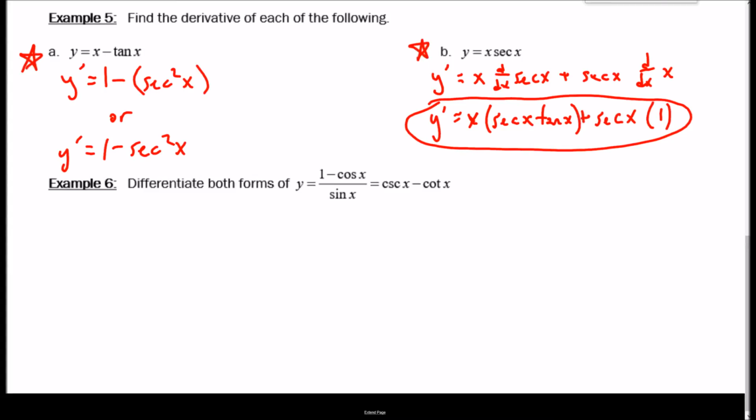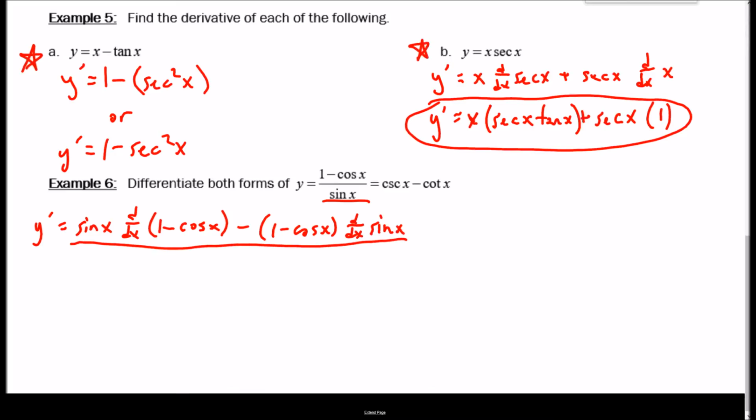All right, let's look at this left side. If I want y prime, I've got to use the quotient rule. So I do low times the derivative of the high, minus high d low, so minus (1 minus cosine x) times the derivative of the sine of x, over low, so sine x quantity squared.